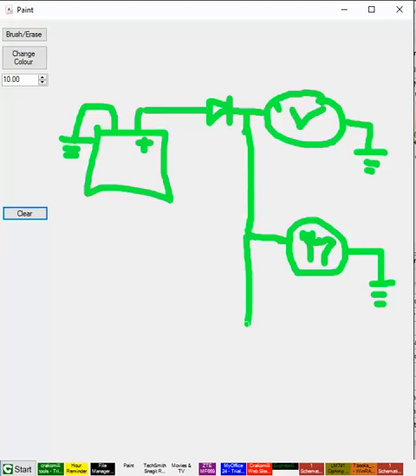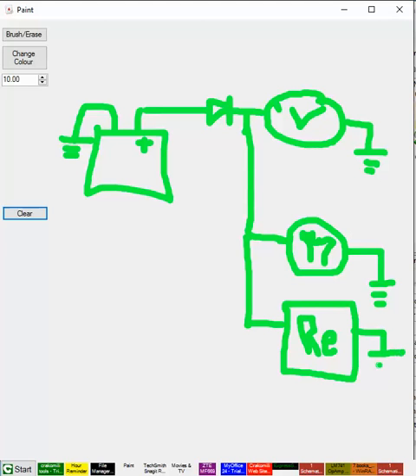And something else, let's say a refrigerator, just for demonstration purposes. Refrigerator over here.